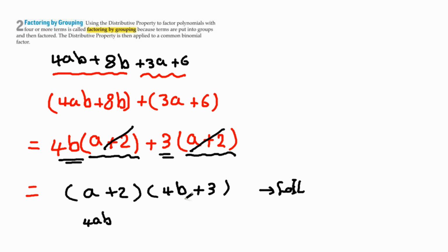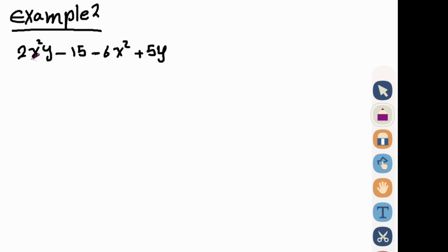If we multiply a by 3, we get 3a. If we multiply 2 by 4b, we get 8b. And if we multiply 2 by 3, we get 6. The same terms, but not in the same order: 4ab, 4ab, 8b, 8b, 3a, 3a, and 6, 6. So we are right.